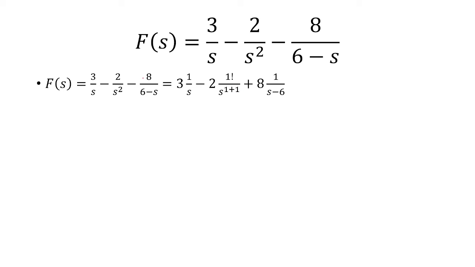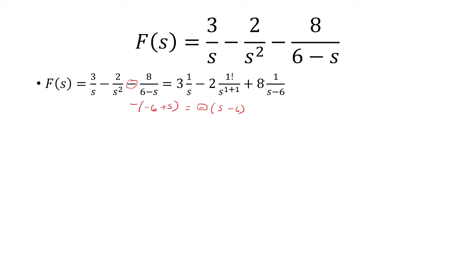And the next one I can bring the 8 in front, and then I'm going to pull out a negative. So I'm pulling out a negative, so this will be negative 6 plus s, which is just negative s minus 6. And so these two negatives are going to become positive.